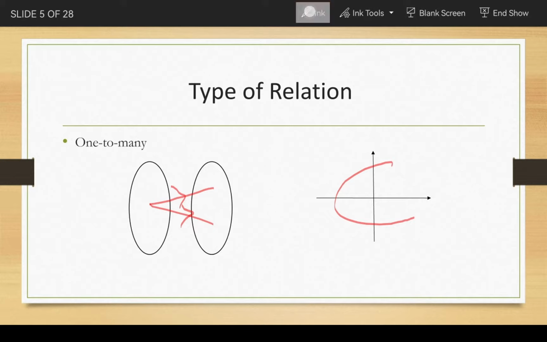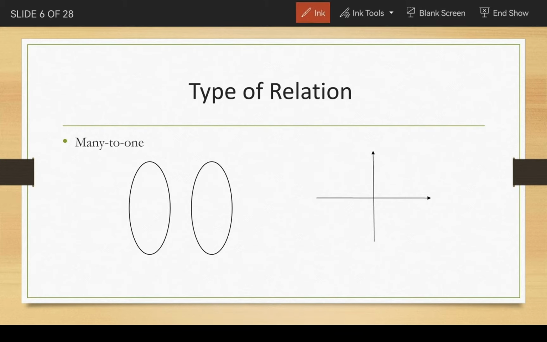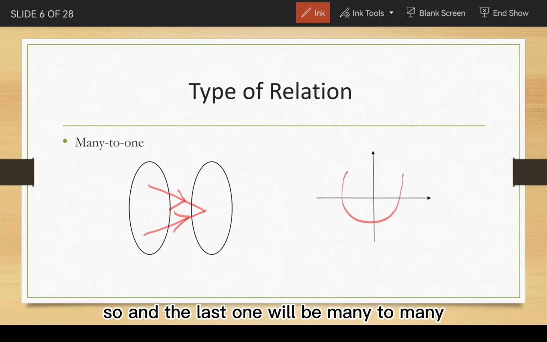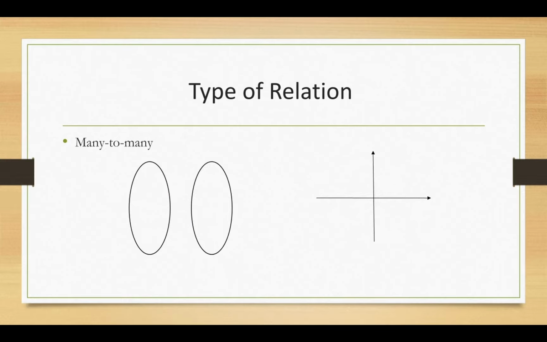For many-to-one, it means two objects share one image, which looks like this. And the last one will be many-to-many, and it will look like this.